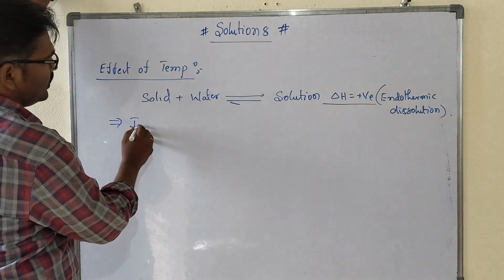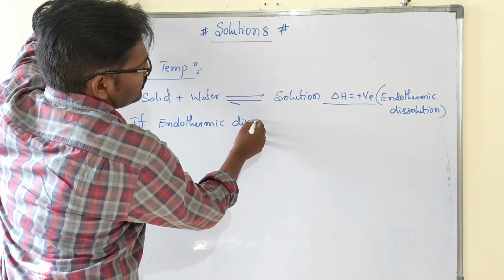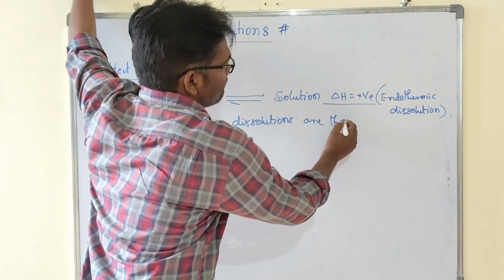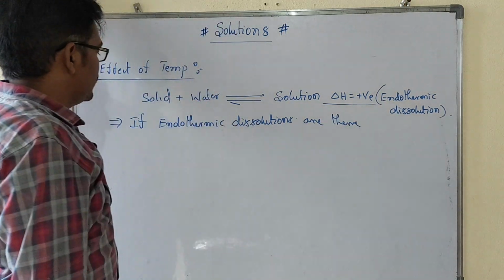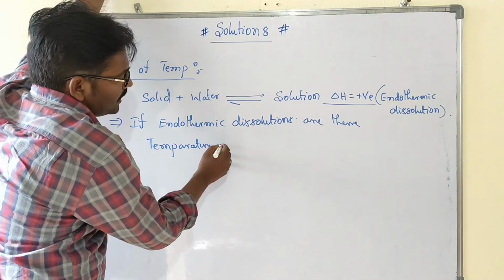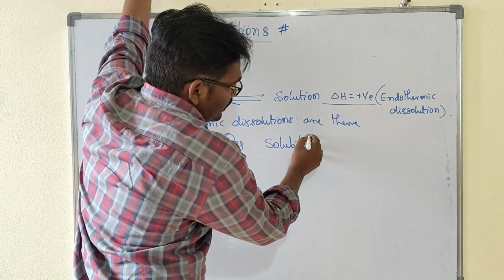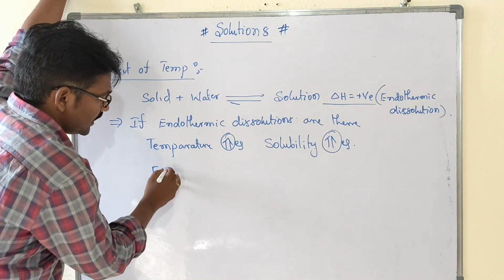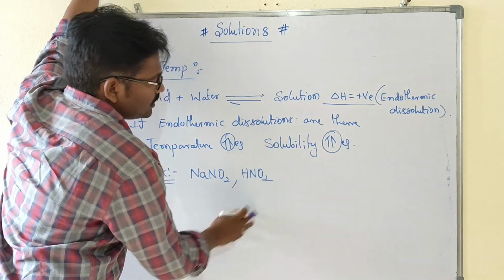Examples for these are NaNO2, then HNO2, etc.